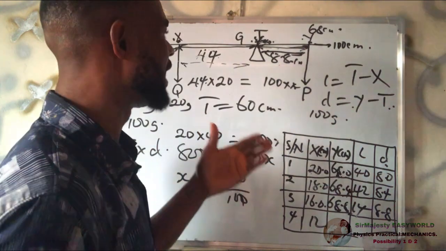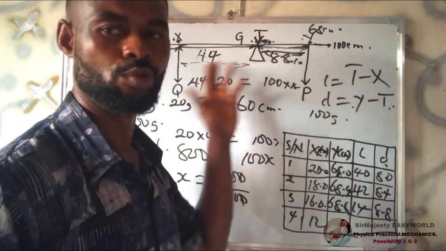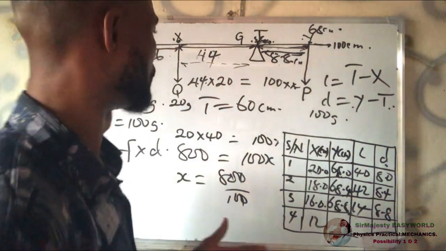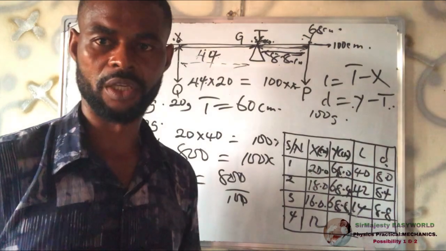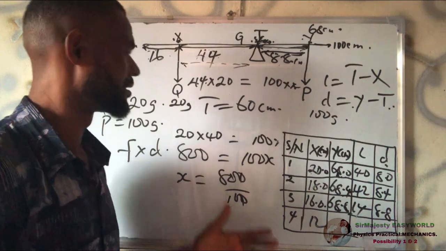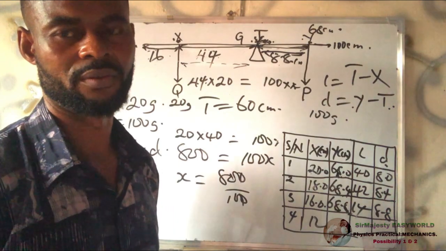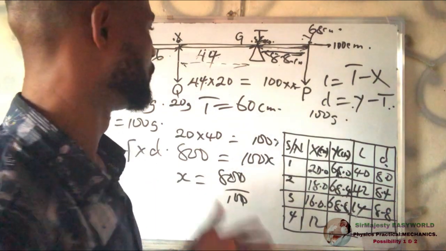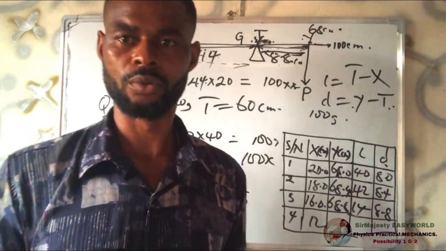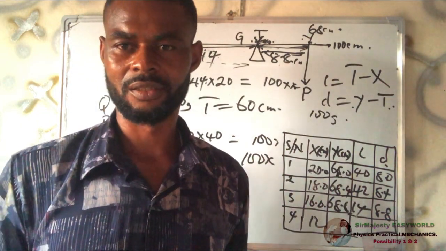I avoided error due to parallax when reading the meter rule. Then, I ensured that the masses are placed at the exact position. It's a precaution because if you do not place the mass at the exact position, you get a wrong reading. We will show you how to make a graph here, and I think you can enjoy this manipulation.